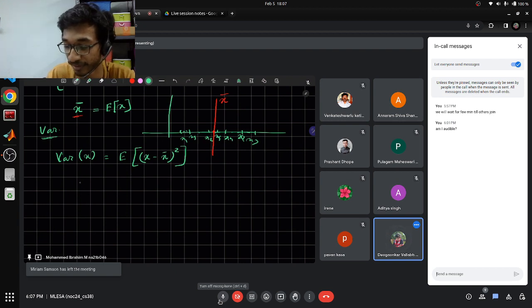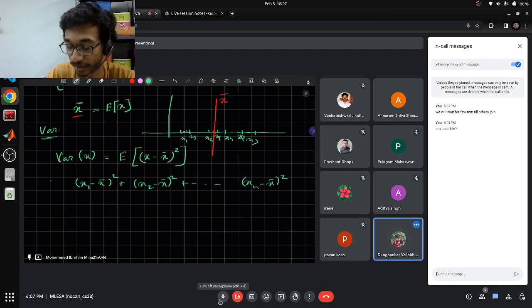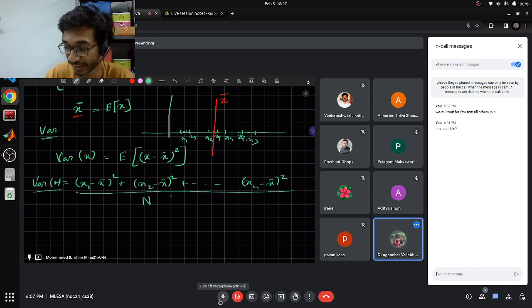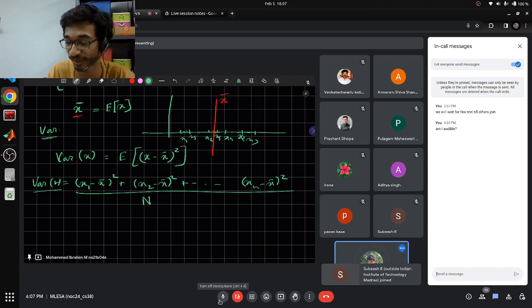So in this case it's x1 minus x bar whole square plus x2 minus x bar whole square, and so on, up to xn minus x bar whole square, and this divided by the number of data points is the variance of this data.